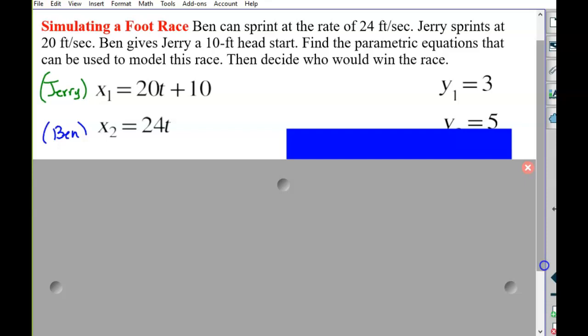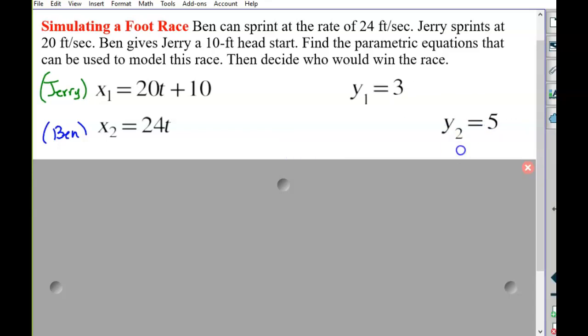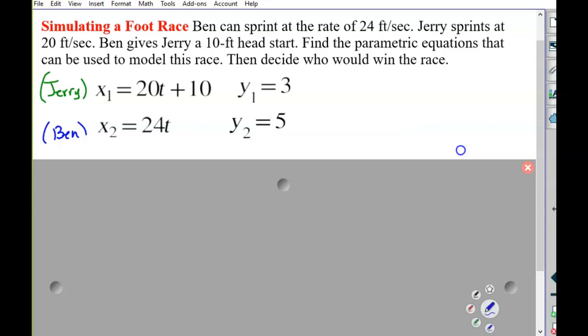Well, what about the y values? What would they mean? And this is random. It does not have to be 3 and 5. But what we could talk about here is if I was to graph this, if this is the x location and this is the y location, that means that Jerry would start 3 feet away from something.